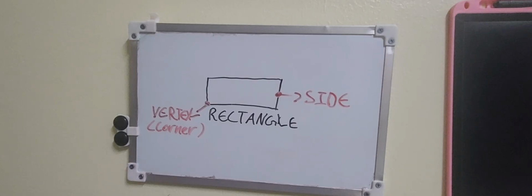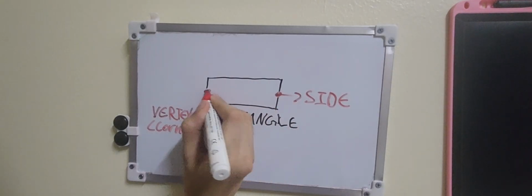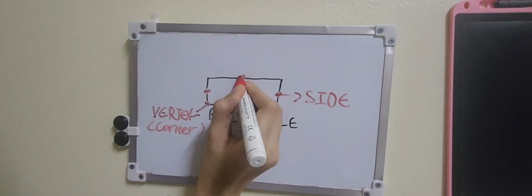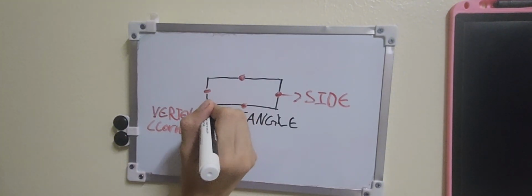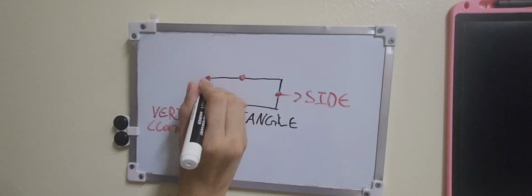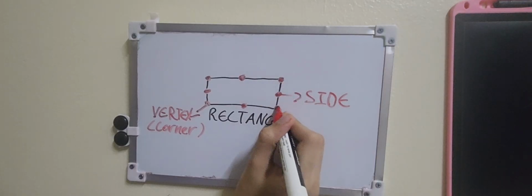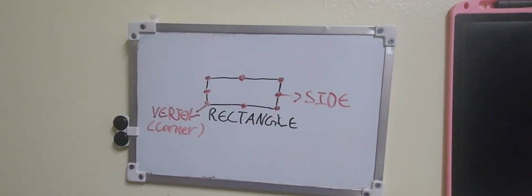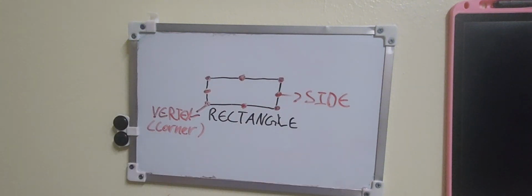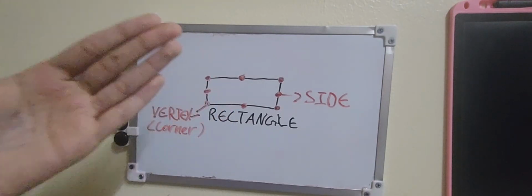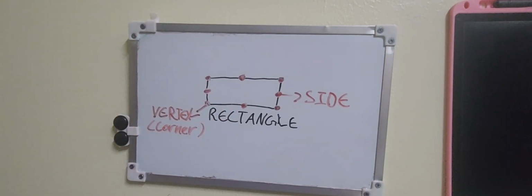And over here, this is side number 1, side number 2, side number 3, and side number 4. And next we have vertices. This is vertex number 1, number 2, number 3, and number 4. So now I'm going to let you take a look at basic shape number 2, which is a rectangle, which also has 4 sides and 4 vertices.